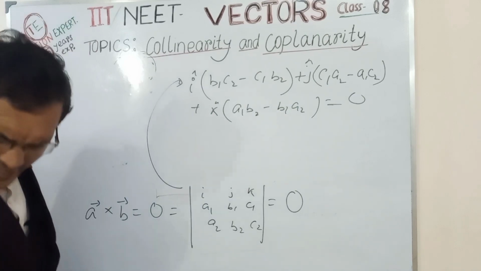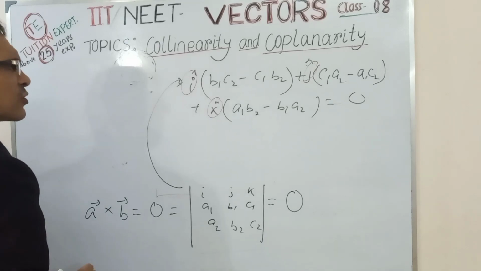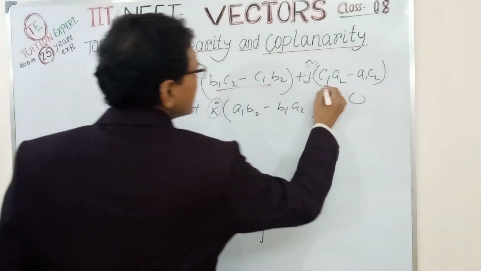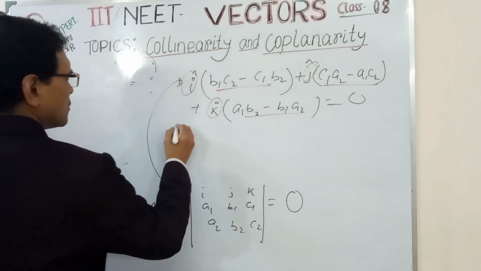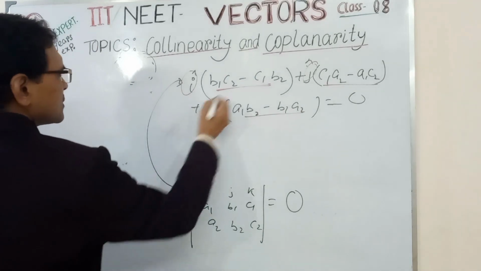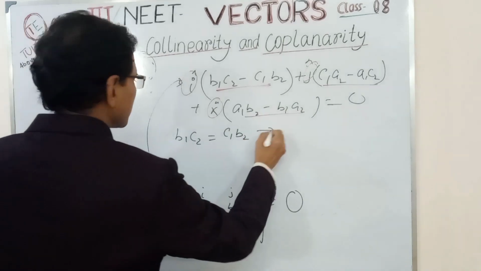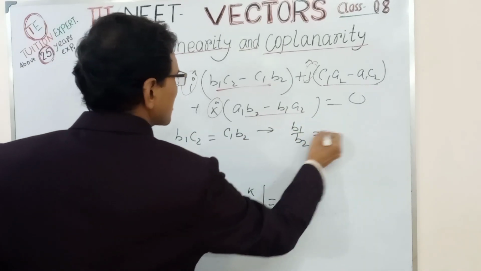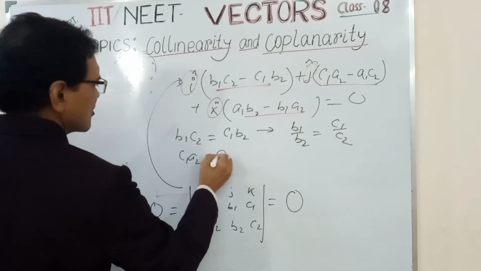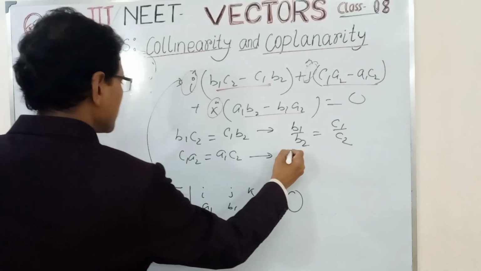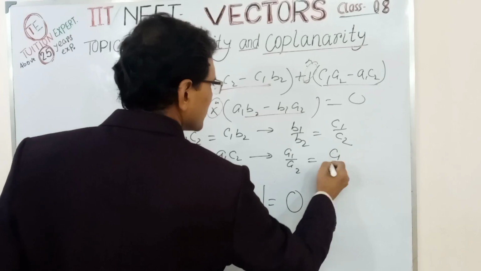As I, J, K are three non-collinear vectors, their coefficients x, y, z must be 0. From this we get B1 by B2 equal to C1 by C2. Again from this 0, we get A1 by A2 equal to C1 by C2.